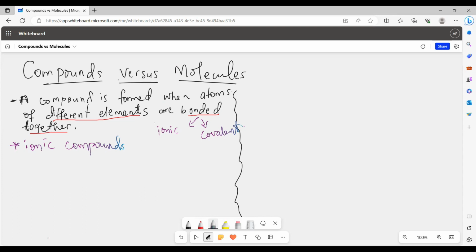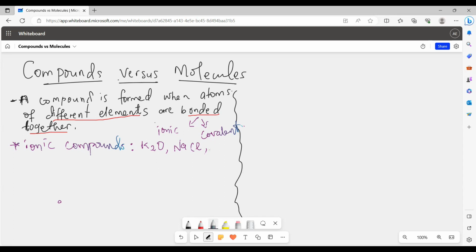So good examples of ionic compounds could be your potassium oxide. You could also have sodium chloride, as a common table salt.